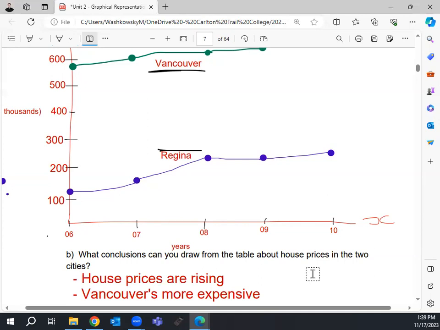So part of it's demand. So we have a lot of demand. There's not a lot of new houses being made. So there's more competition for those same houses. And then there's also inflation and stuff like that. And then like interest rates were non-existent for years. So you could get a really expensive house and not really pay any interest on it.